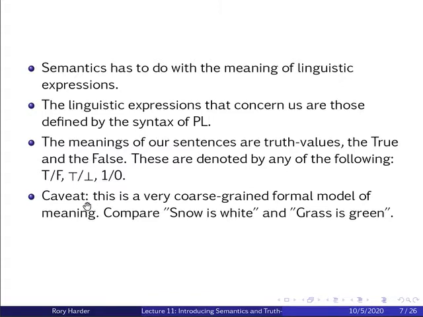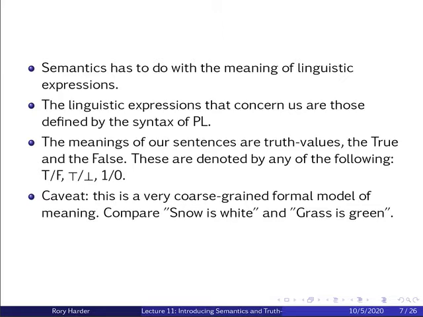We can talk about the true and the false by using the capital letter T or the capital letter F. Another way you might see this done is with a T that looks like this, and an upside down T as opposed to an F. Or you might also see people using the word 1 for true and 0 for false. What matters here is that the meanings for us are truth values, and there are just two truth values, true and false. So every sentence of our language has one of these two things as its meaning.